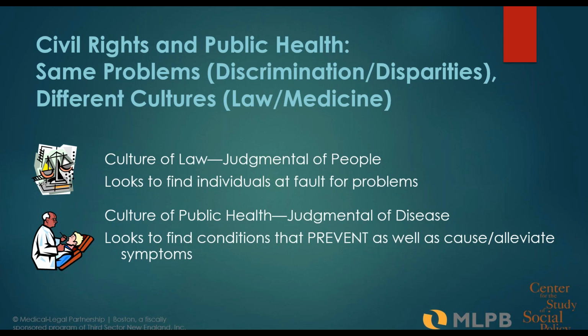That being said, in the world of civil rights, proving individual intent to discriminate remains the principal lens through which we look at issues of discrimination. It looks to find individuals at fault and to blame them. And if that sounds like an awkward lens through which to address issues, it is.